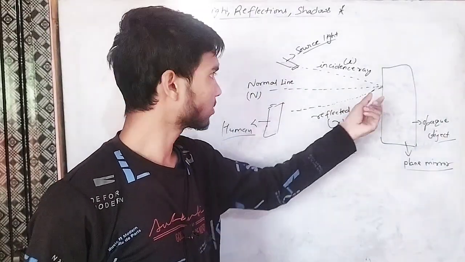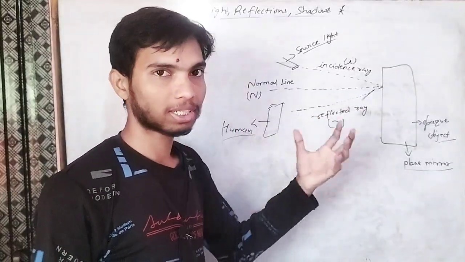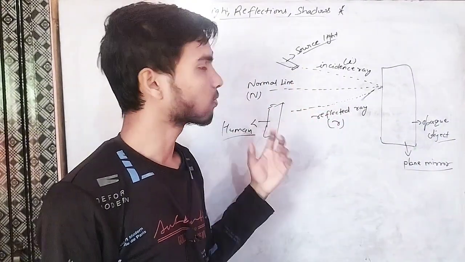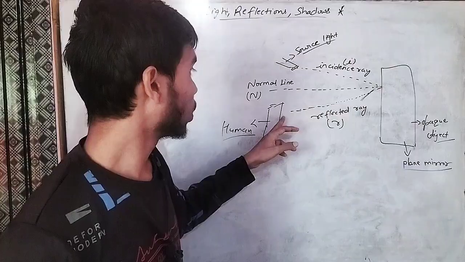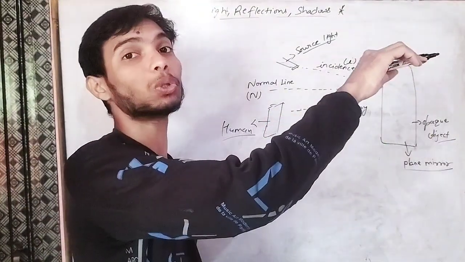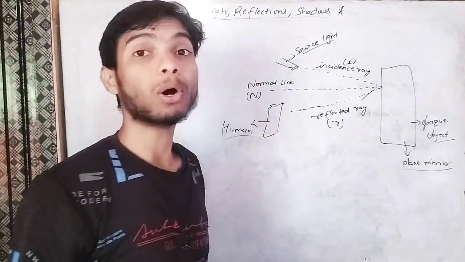Light is falling like this and getting reflected, and this reflected ray is falling on us. Now this reflected ray will turn into another direction again because we are an opaque object.